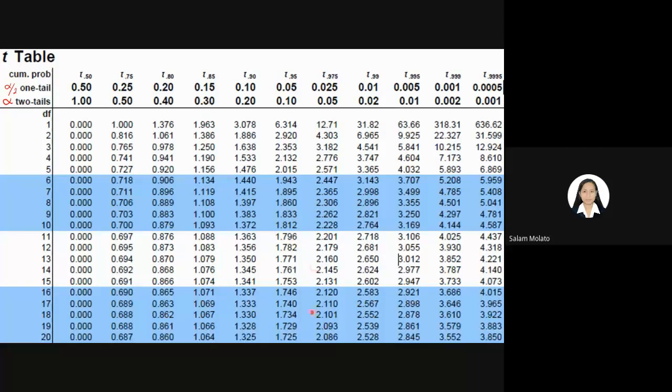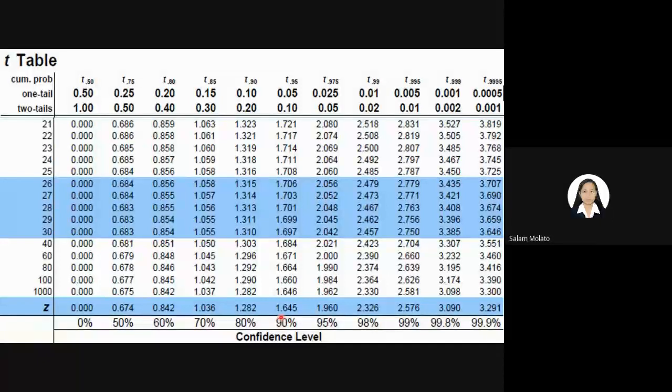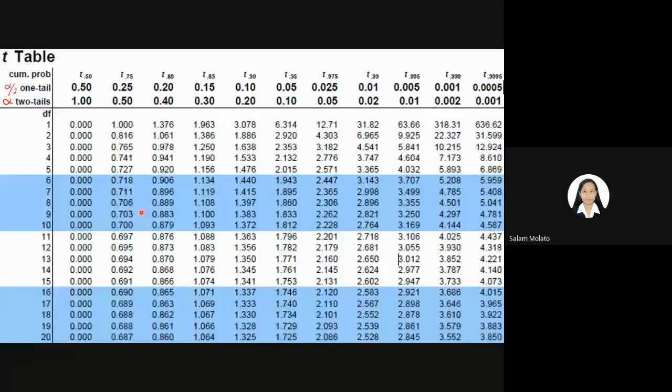Or, sige, let me check na lang kung ano yung 90%. Nabutol kasi yung table, no? Pero di ba 90% ang CL natin? Pwede mong gamitin ito so that you can see, instead of using one tail or two tails, you can use also the confidence level. So, titingnan mo lang dito, putol kasi ito, no? So, that would be 9.